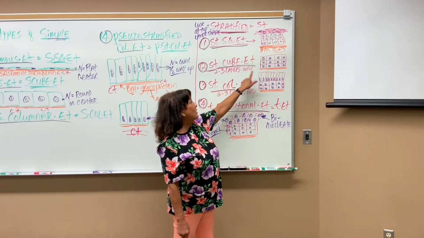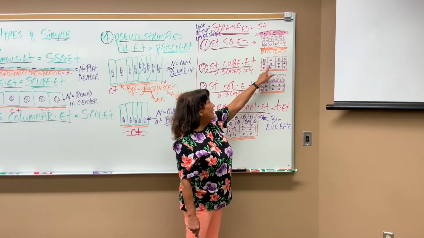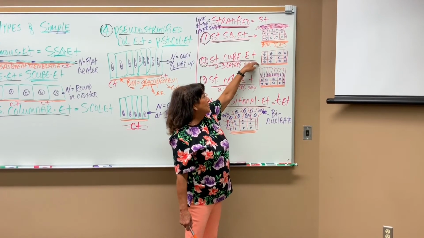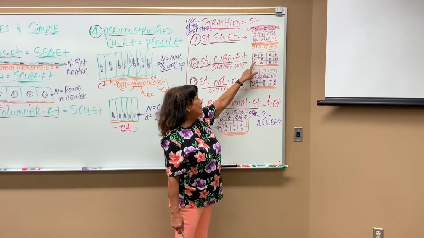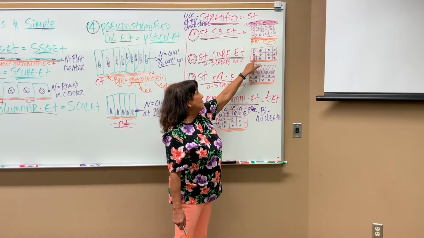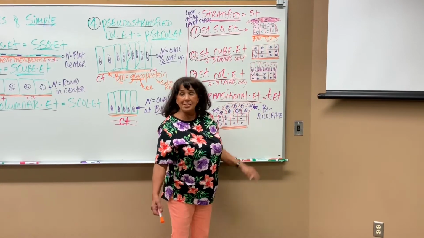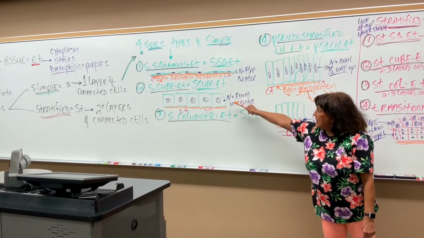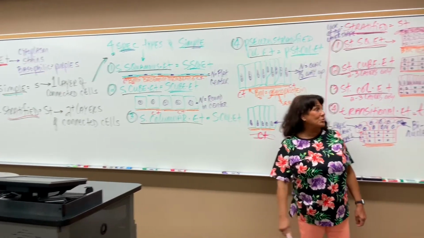So here's stratified cube. They just look like simple cube, but there's 3 layers of them, like little bricks. And so they have an absolutely round nucleus right in the center of the cell, just like simple cube ET over here, right there, with the little simple ones all hooked together.